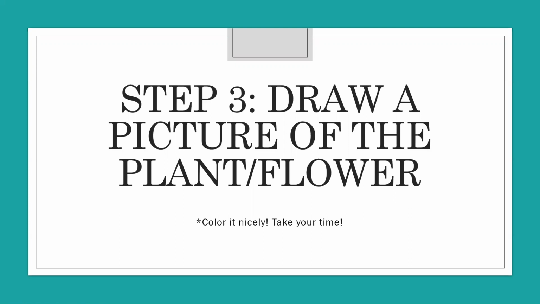Don't make it too big, don't make it too small, but in the middle of your paper. Use that picture, copy it, draw a picture of it. If you did not have a picture, then just pick a flower or a plant that is easy for you to draw and that you know would be in your environment.